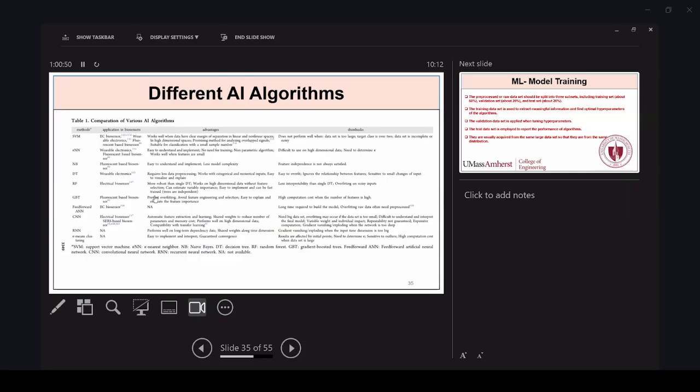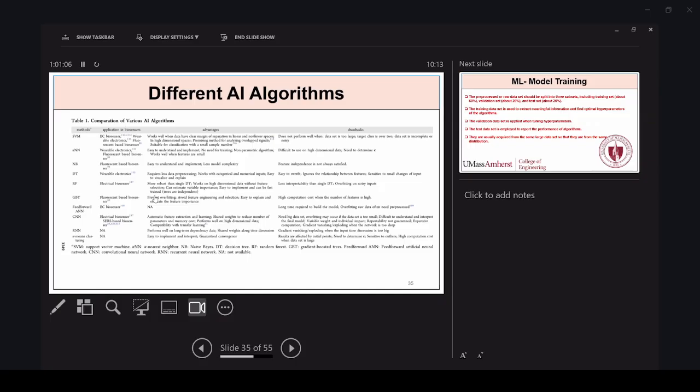I have pulled out a table from a research article where they gave a very good comparison of various AI algorithms used in biosensor applications.